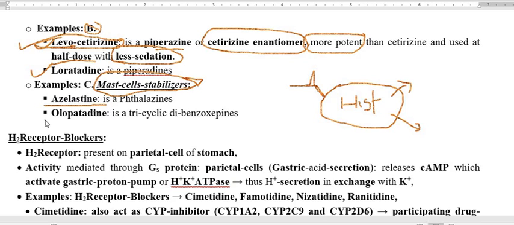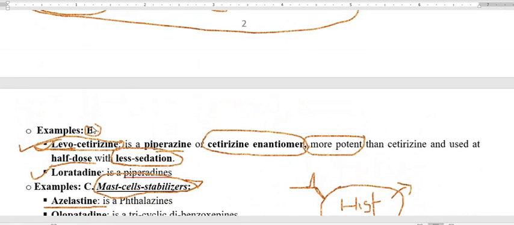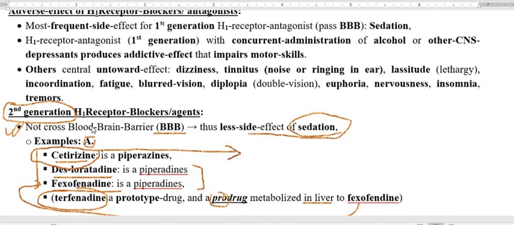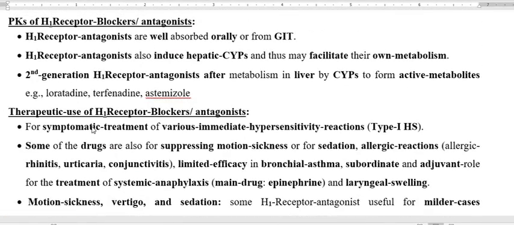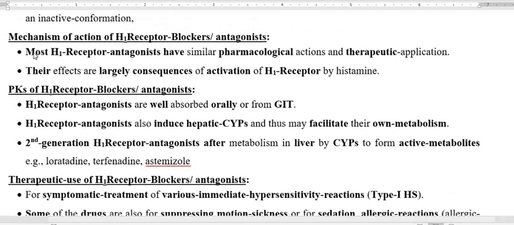So azelastine and olopatadine are very usable drugs as mast cell stabilizers. So this is all about the second generation H1 receptor blocker, or H1 receptor antagonist, or H1 receptor inverse agonist. Why we are calling it inverse agonist, we are going to discuss this.